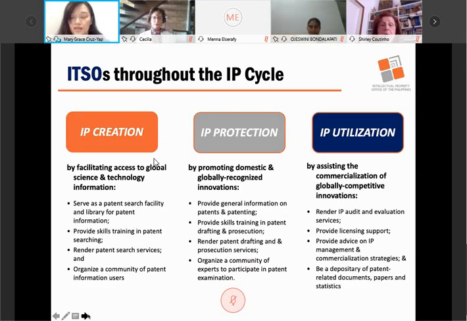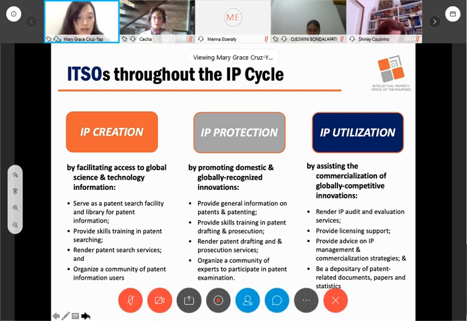So what is the ITSO for? This has already been discussed by Oji and Mena in a general sense. For the Philippine setting, ITSOs are available, they're visible throughout the IP cycle, from IP creation to protection to utilization. In the IP creation stage, they provide skills training and render patent search services.